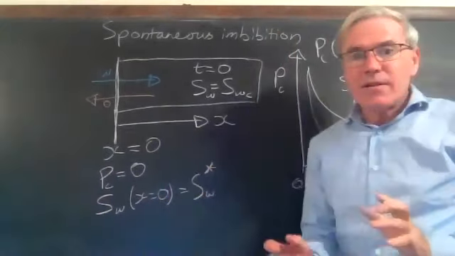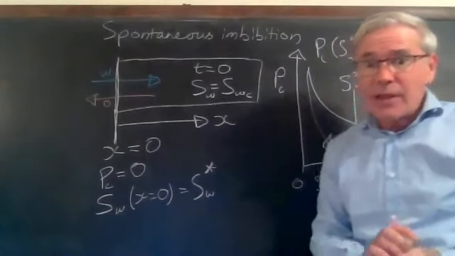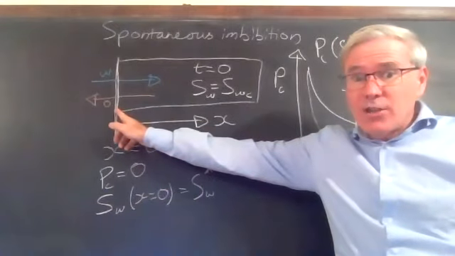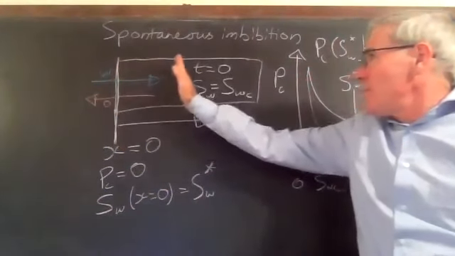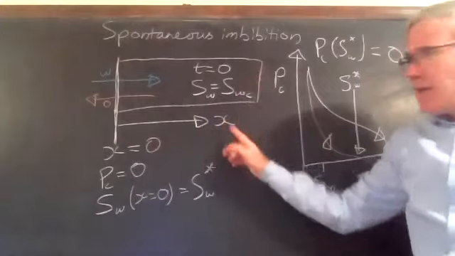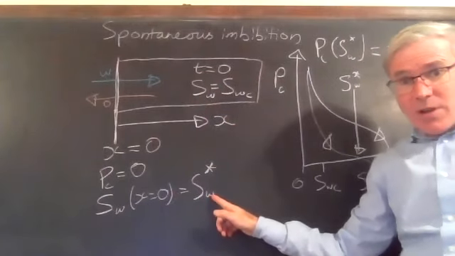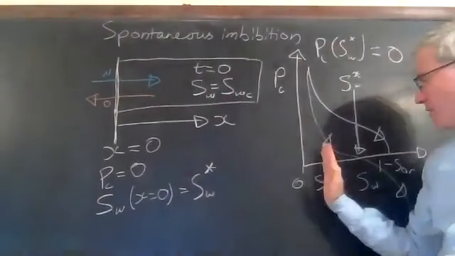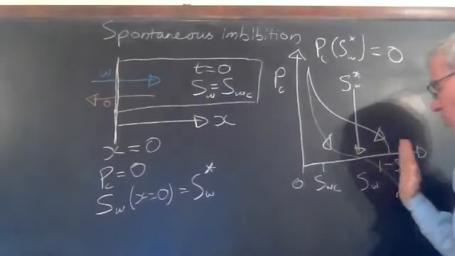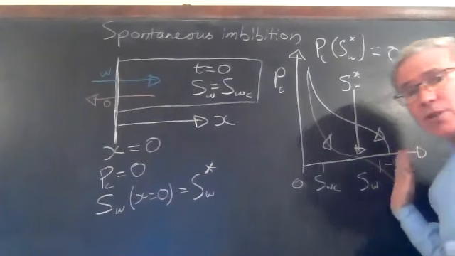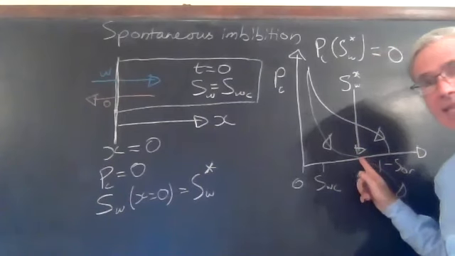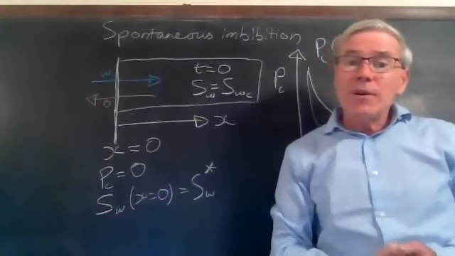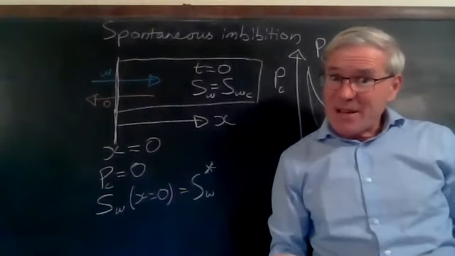Okay, that's set up the problem. We've got the capillary pressures, we have this boundary condition. Eventually, when the imbibition process is completed, the saturation will be SW star everywhere, but initially it's SWC. So the saturation varies from this value, not all the way to the residual saturation, but to the SW star here. Now what we're going to do is describe it mathematically.